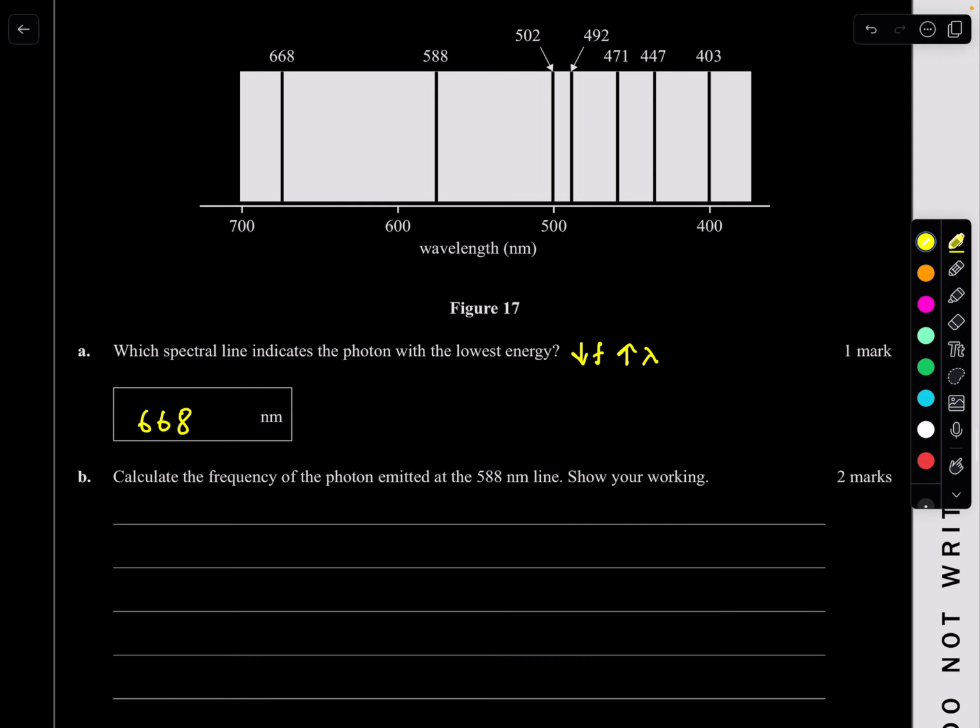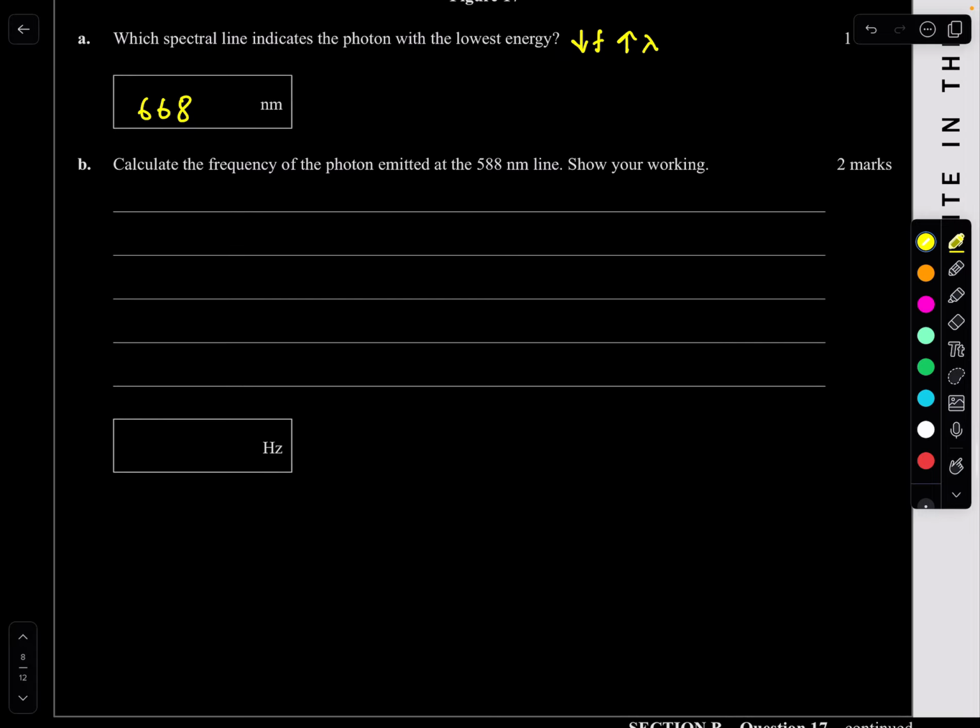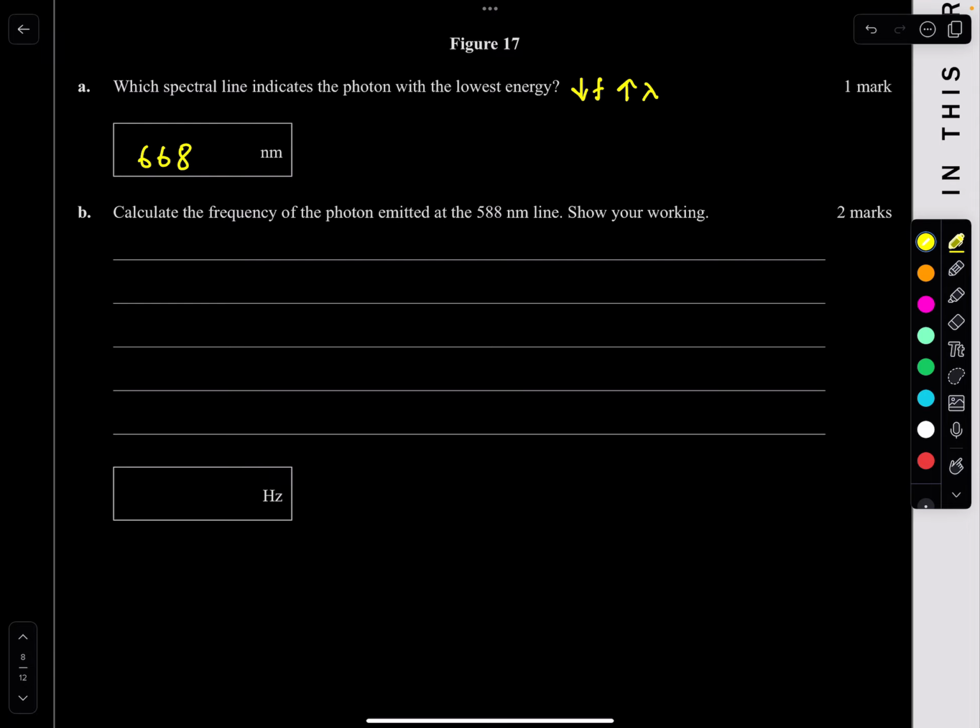Calculate the frequency of the photon emitted at the 588 nanometer line. Show working out. So let's have a look at my formula sheet. Beautiful. I know that velocity is frequency times wavelength, and because we're given the wavelength, frequency is just velocity over wavelength.